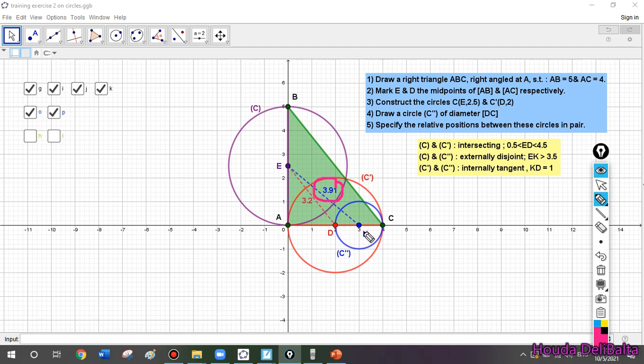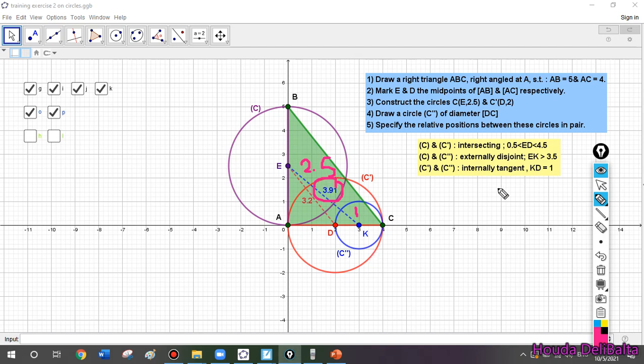I measured the distance from E to K and it is 3.91. Again, you can use the ruler to measure the distance, and you will notice that distance is greater than the sum of the radii. The radius here is 1. The radius here for the purple circle is 2.5.